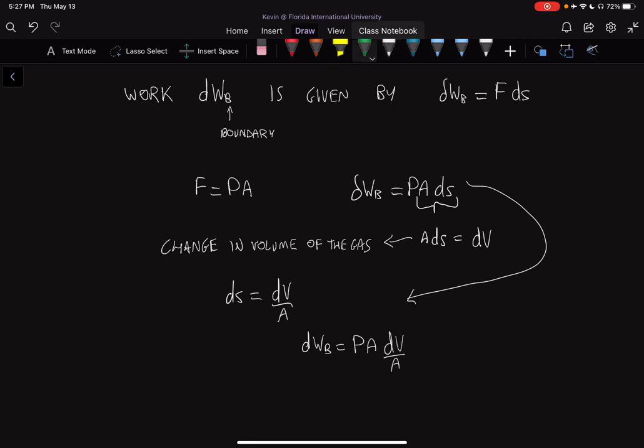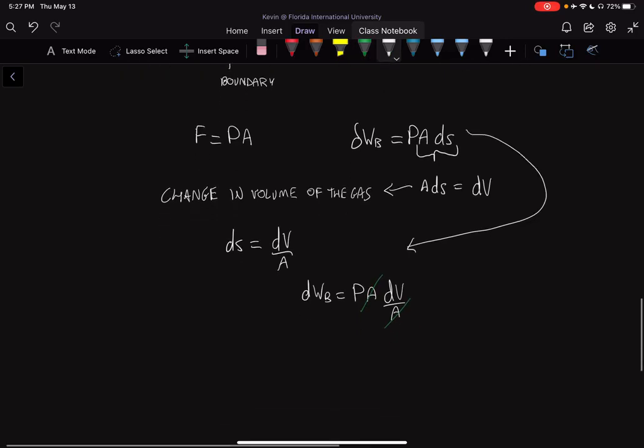And now we can cancel out the two areas. So we're left with dWb is equal to P dV. And that's why it's called the P dV work. Okay? It's the differential boundary work. So this is called the differential boundary work. And this equation is in terms right now of dW and dV. Okay, it's a differential right now.